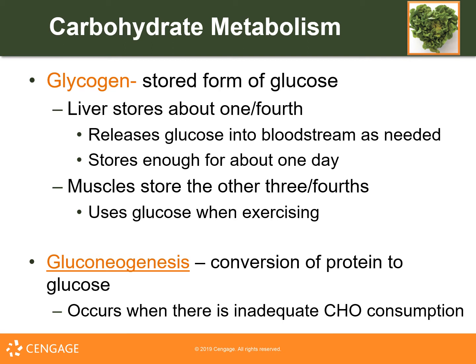The liver releases glucose into the bloodstream as needed. If your body is in a state of long-term deprivation, the body will use fat for energy. So the liver stores about enough for roughly 1 day. Your muscles store the other 3/4, and it uses glucose when exercising. Excess glucose gets stored as fat.